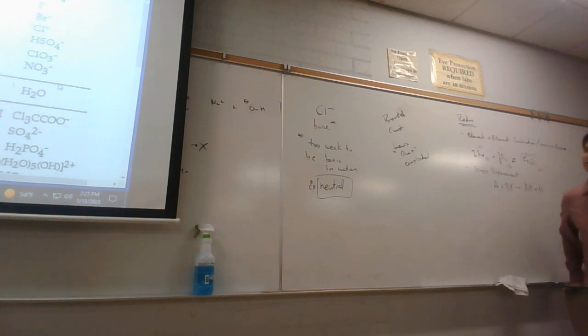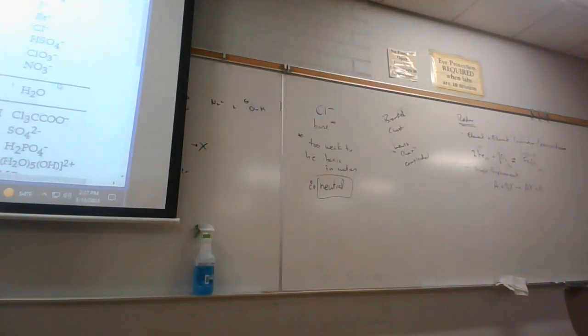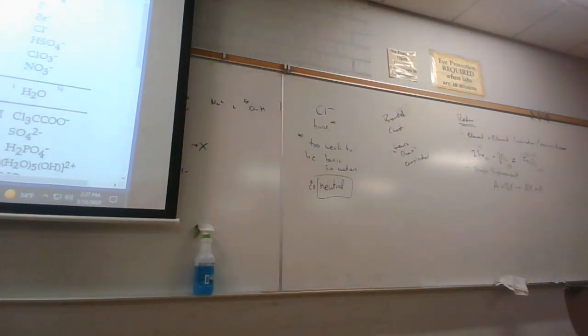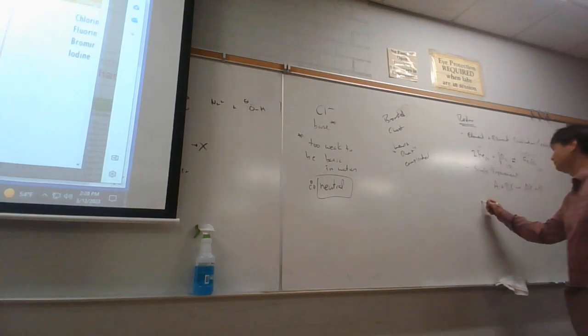Here is the activity series. Looks something like this. At the top of the activity series is lithium, and then it goes down. So let's do an example of a single replacement.